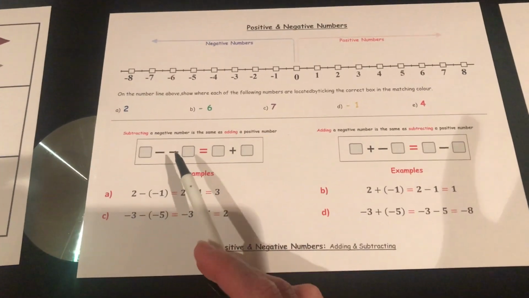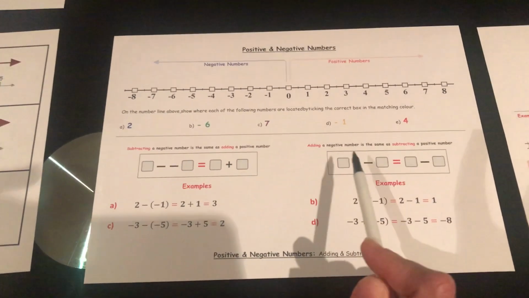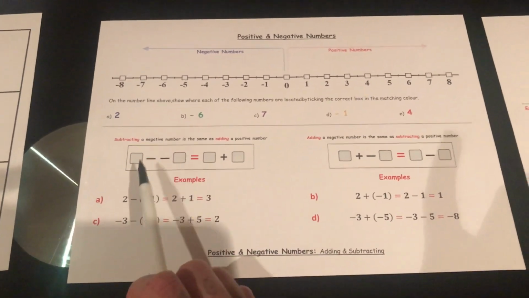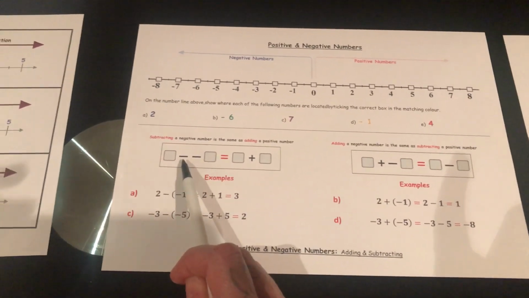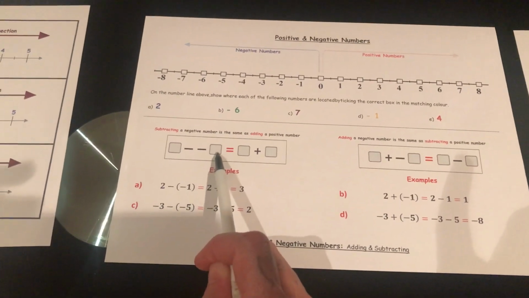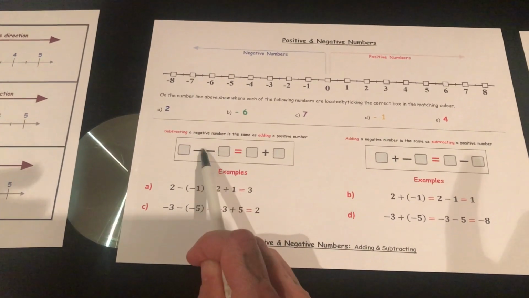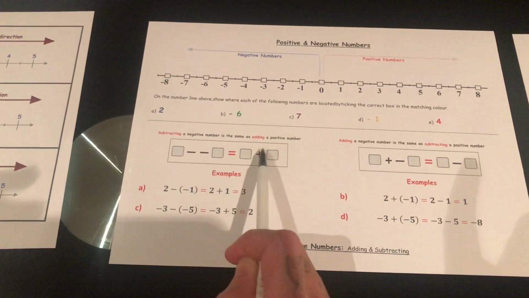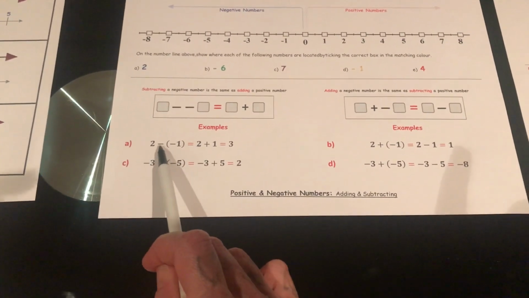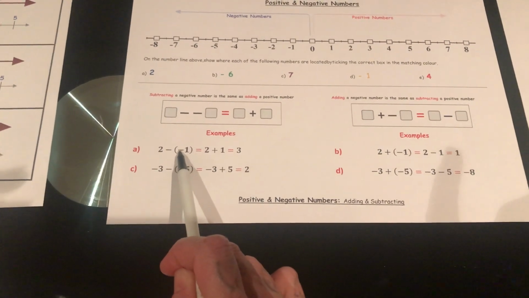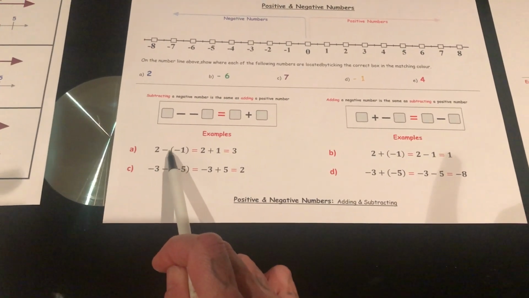Okay, so these are just some positive, negative number rules, okay? So when you have a number, take away a negative number, these two, when you have two negatives together, you get a positive, okay? So here's some examples. So 2 take away -1, so there's two negatives together.